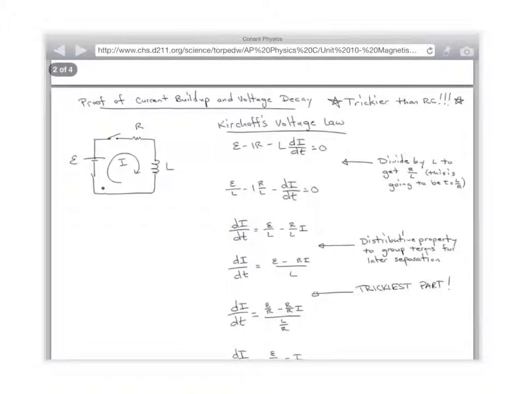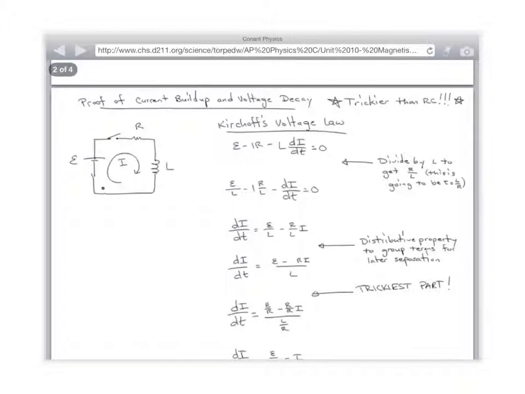Combine like terms to get L on the bottom. Now we want to get rid of the R in front of the I. You don't technically have to do this, but if you don't, then you're going to have to do a little trickier u substitution. So it's EMF over R, and L over R. Do you see why you can do this? You're dividing the top by R and the bottom by R. That's one of the tricks you've got to know.